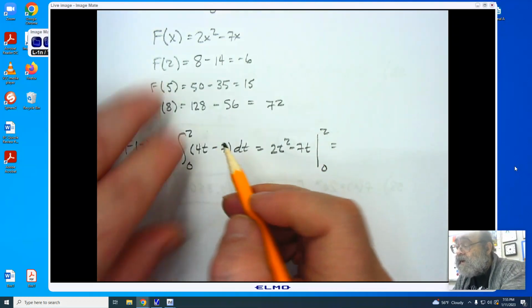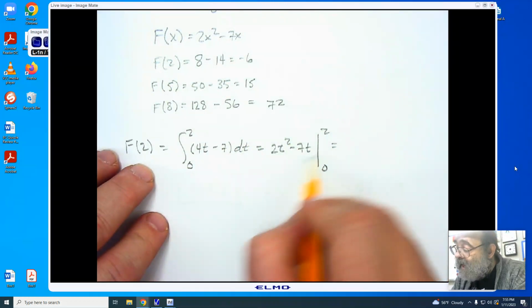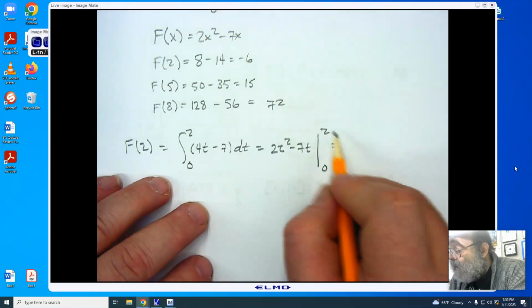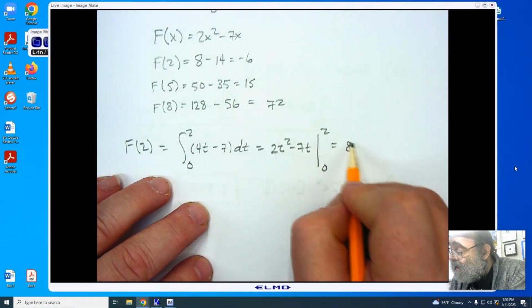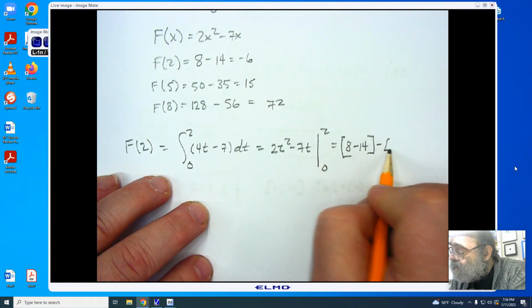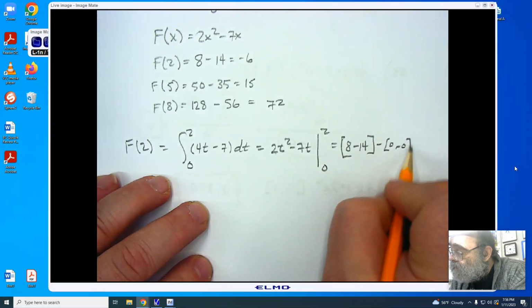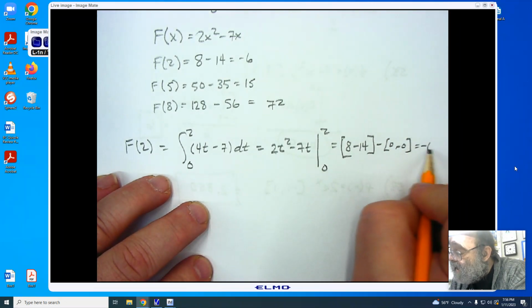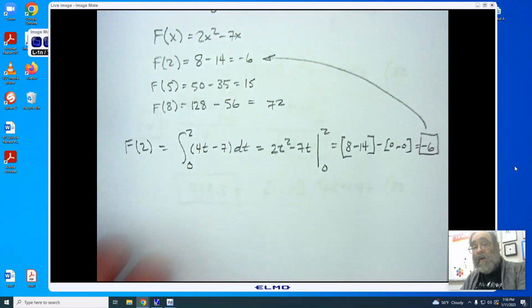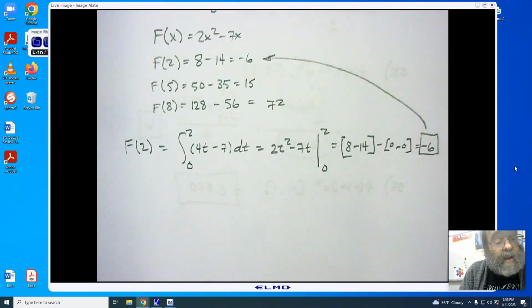And you'll notice we're going to get the exact same thing. The 0 takes this all away, gives us a minus 0, excuse me. And when I plug in the 2, I'm looking at 8 minus 14 minus 0, and I'm ending up with a negative 6. The exact same answer we found here. Once again, two ways to do this. Alrighty.